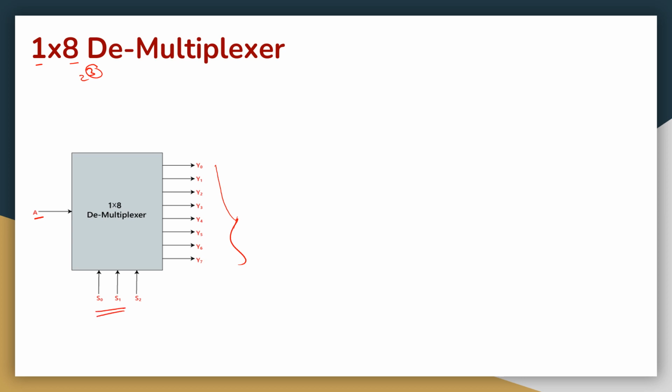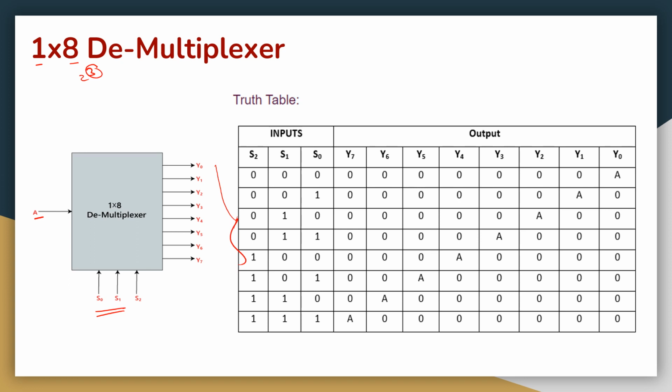Now it is the corresponding truth table for that. So just observe. Here in that table, the inputs S0, S1, S2. Because of three inputs, those values vary from all zeros condition to all ones condition.